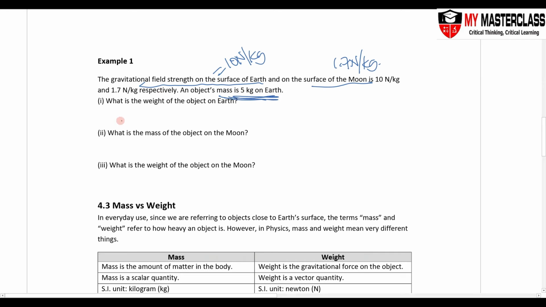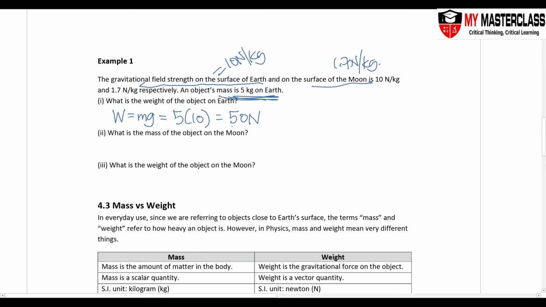What is the weight on Earth? Recall the formula: weight equals mass times gravitational field strength. Then I got the mass is 5. Is it SI unit? Yes, 5 kg. Kg is SI unit. Good. Then after that, I take 10. And then I end up with 5 times 10, 50 newtons.